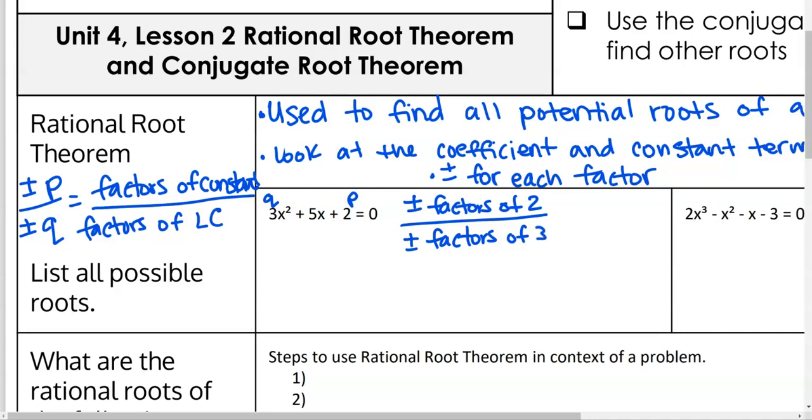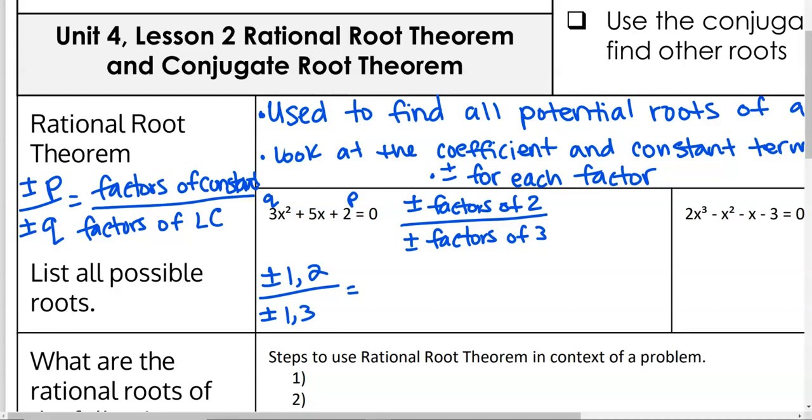Well, what are the factors of 2? Just 1 and 2, right? What are my factors of 3? Just 1 and 3. This is how you set it up. This is not a list, right? I got numbers divided by numbers. It's not a list yet. You got to actually do the dividing.